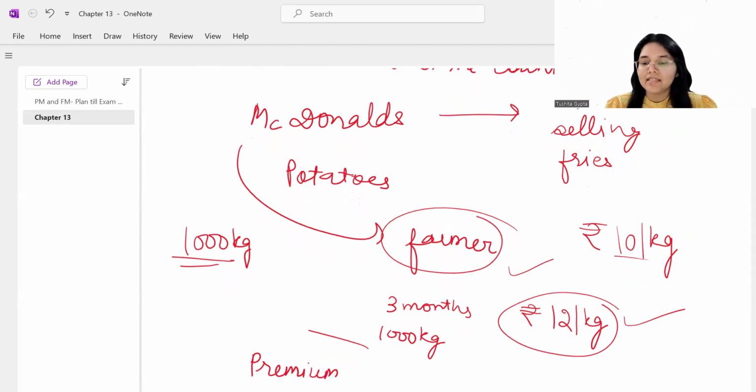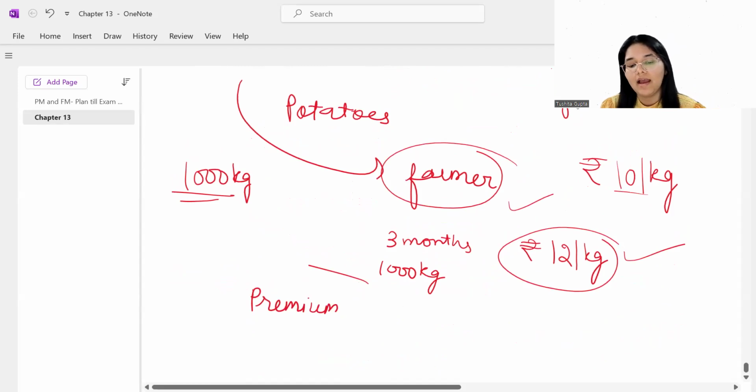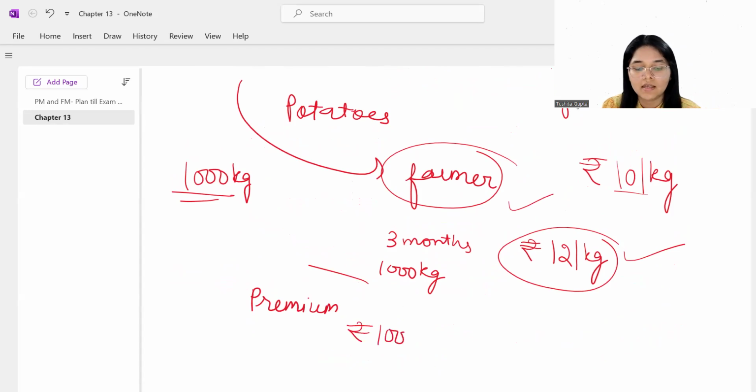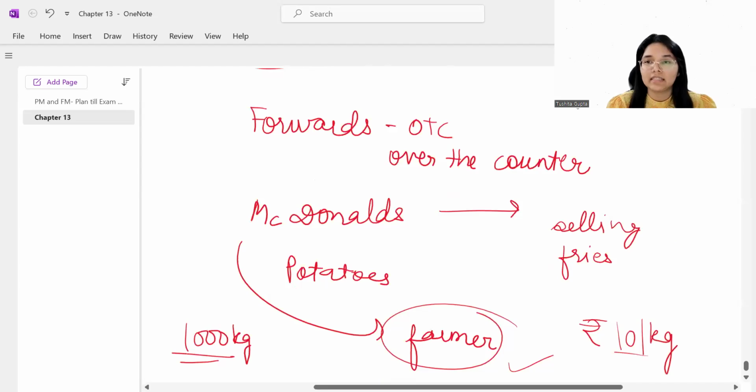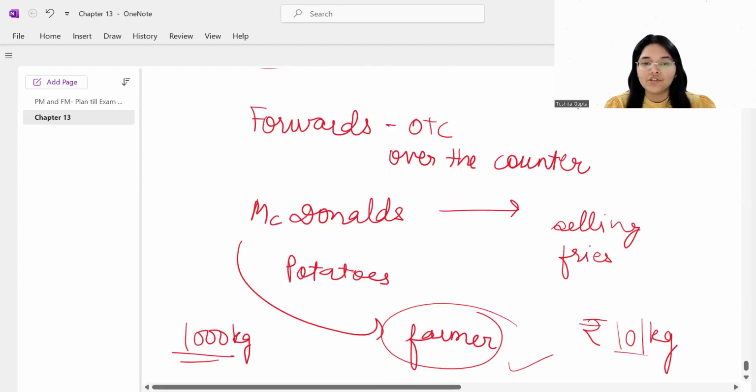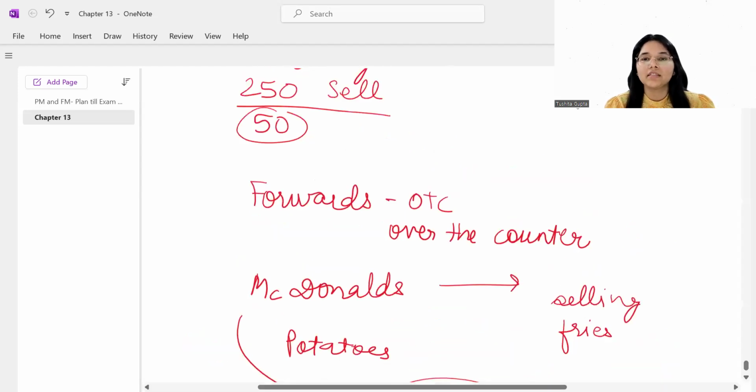So for providing such a right to McDonald's, the farmer is going to charge a premium, let's suppose it is 1000 rupees. So this 1000 rupees will be called the premium for McDonald's to get this right to buy these many kgs of potatoes from the farmer 3 months from now. So this is what futures and forwards are.